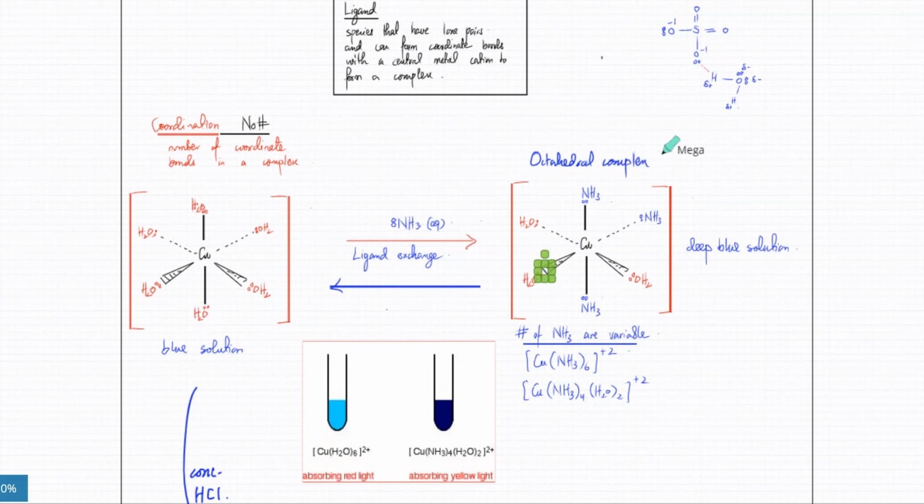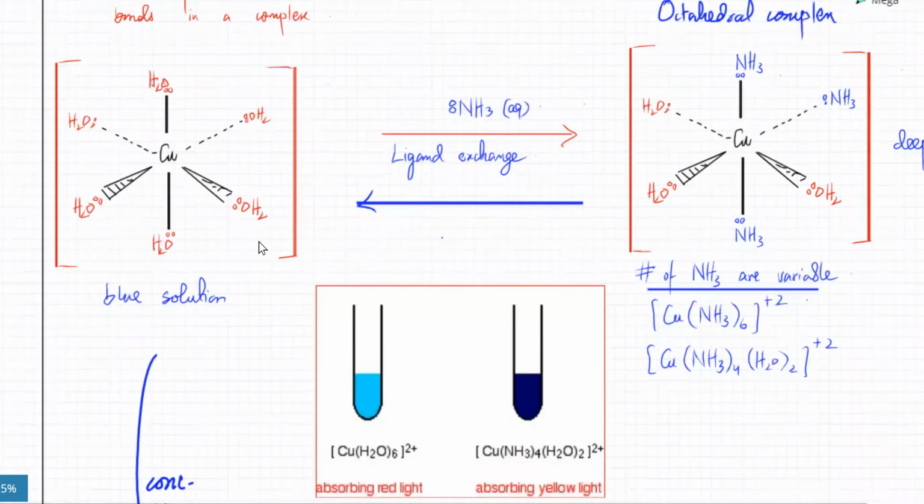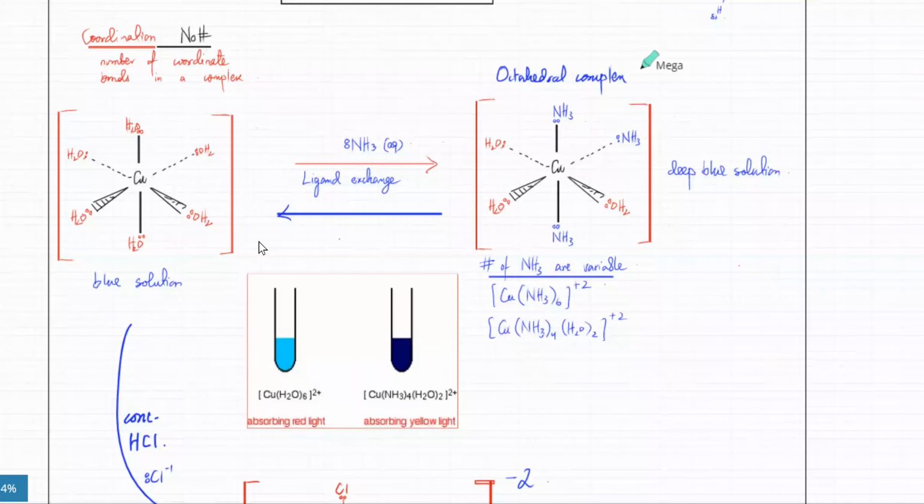NH3 is almost the same size as H2O. NH3 is 17 and H2O is 18, I think. So the MR is almost the same. So you can predict that NH3 and H2O will pretty much do the same thing. But remember, you just have to remember it for copper.